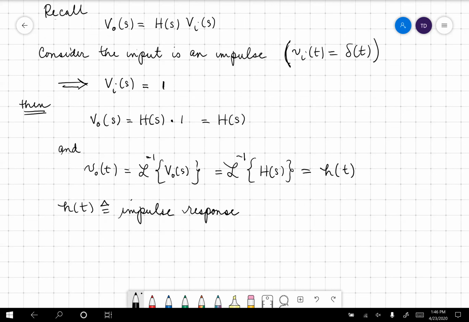But we know that the denominator of H(s) gives us what? So when we look at H(s), what are we getting in the time domain? Those terms in the denominator, they correspond to what response?